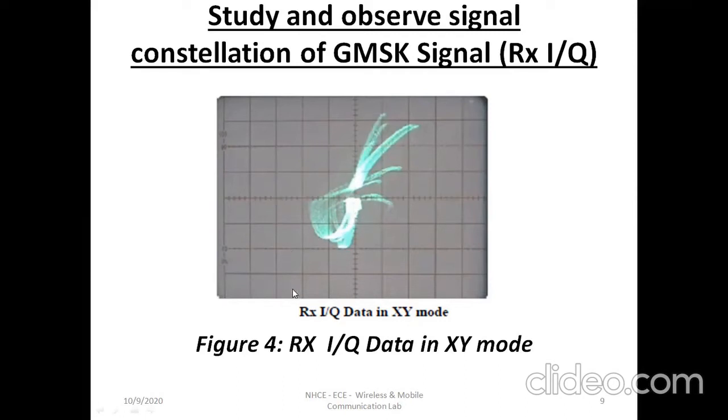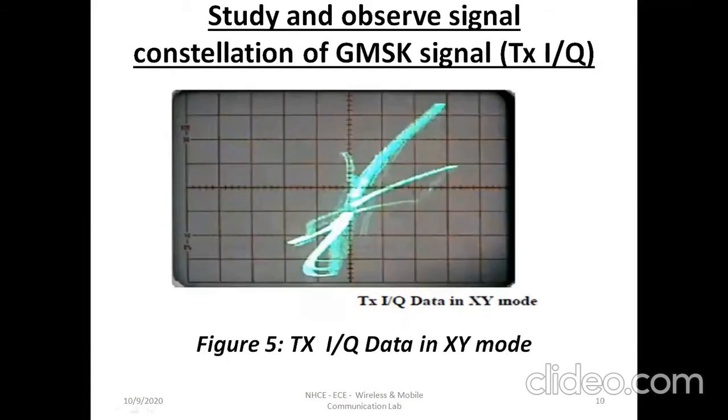So this is your RxIQ data, which is in XY mode. Keep in mind, we should do this only in XY mode. And this is from the transmitter side, showing how the signals appear from the transmitter side.